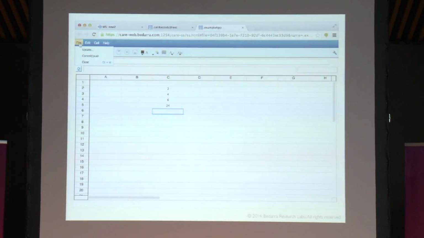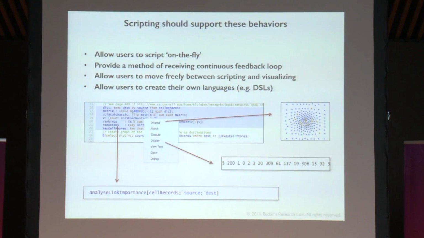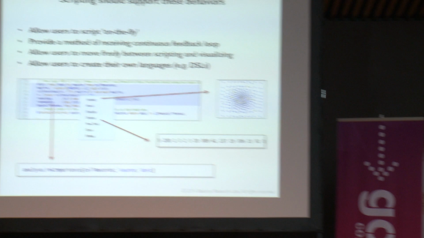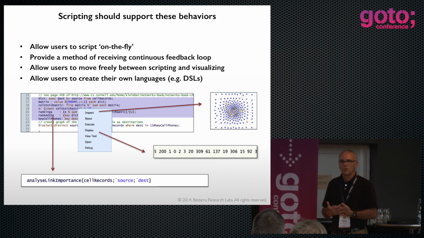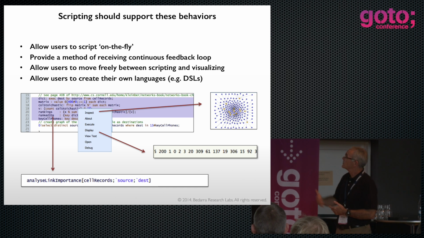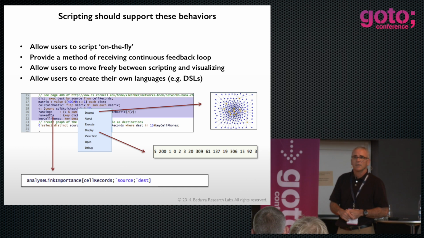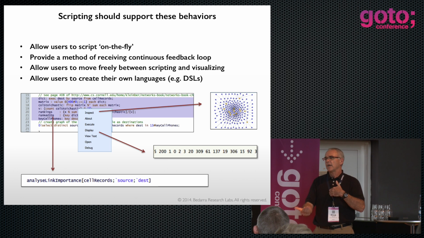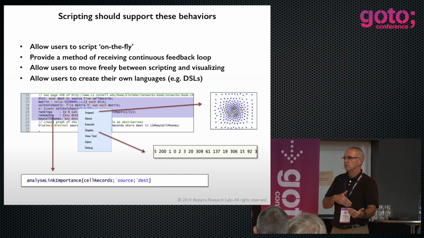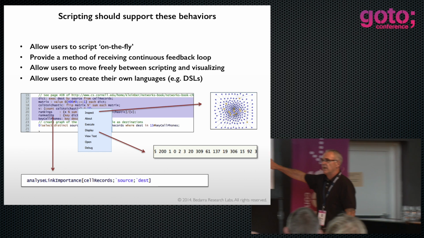And so what I really mean by this is that if you're going to put scripting in your product, you want to support certain kinds of behaviors. Those behaviors are allowing people to script on the fly, allowing them to go back and forth between visualization and analysis, and always showing them some output.